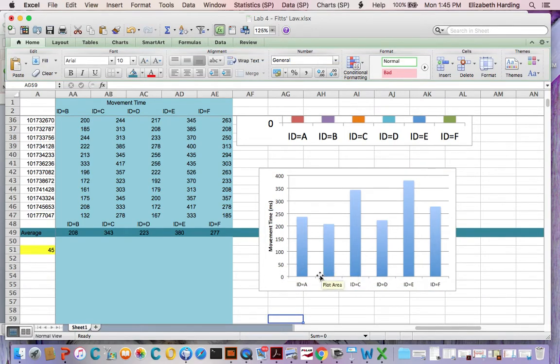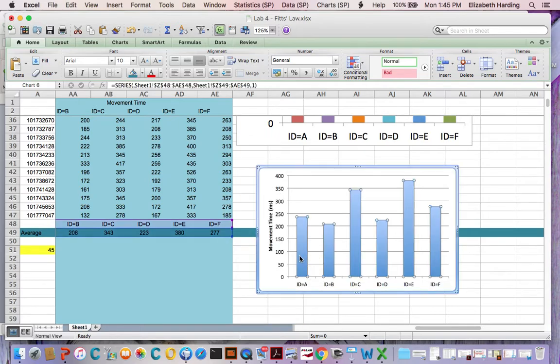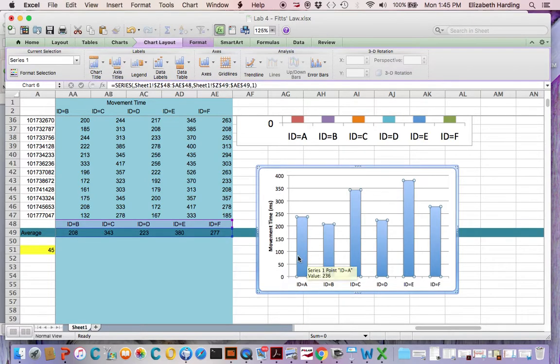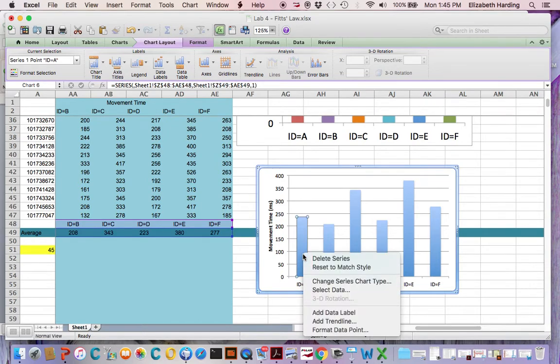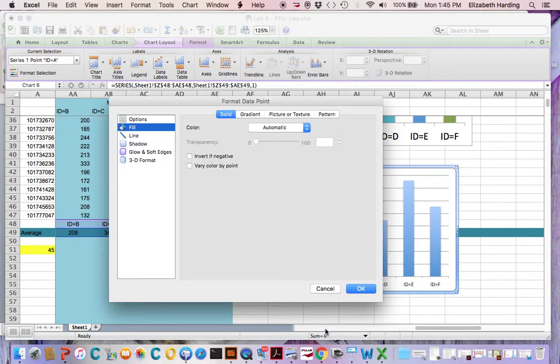And so another thing that you can do, since you're essentially creating 6 different graphs on one chart, is go ahead and highlight just one of these boxes. So I just left-clicked here, but if I left-click a second time, it just highlights this ID equals A. And if I right-click on that one box and format data point, I can pick a color just for it.